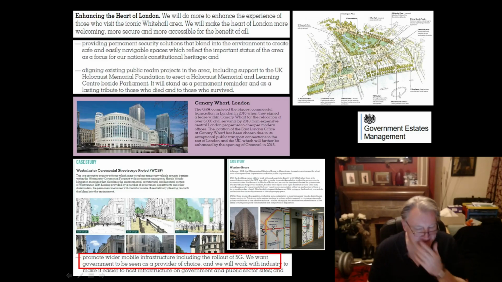And the other thing that caught my eye, as a final snippet, is the part that I've got highlighted in red, around the 5G, and the government will be the provider of choice. Well, that's interesting terminology, isn't it?